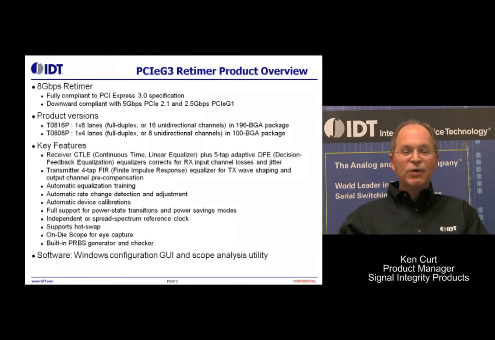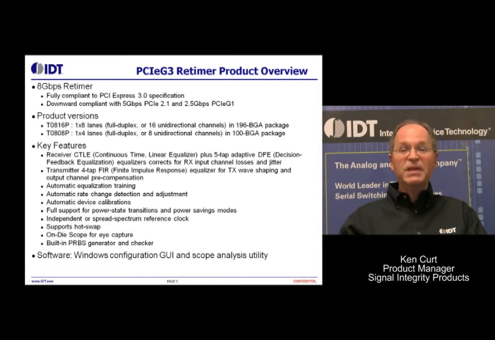To go into the rest of the features, on the receiver side, the receiver begins with a high sensitivity, of course, high-speed analog CTLE equalizer stage, or continuous linear equalizer, and that's followed by a decision feedback equalizer, a DFE, or a digital equalizer stage.